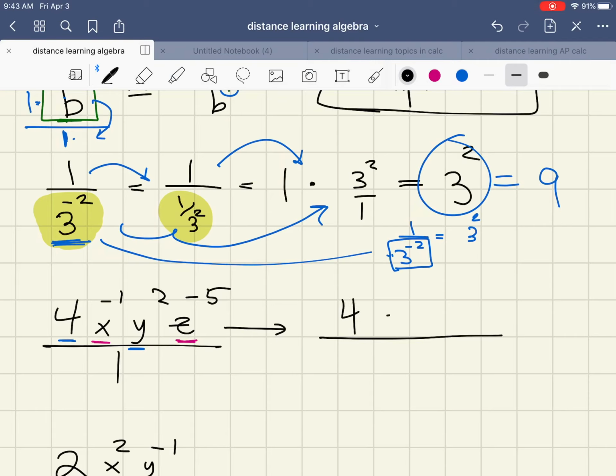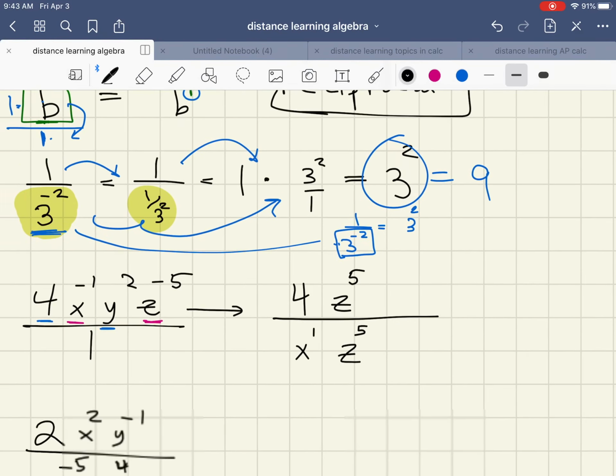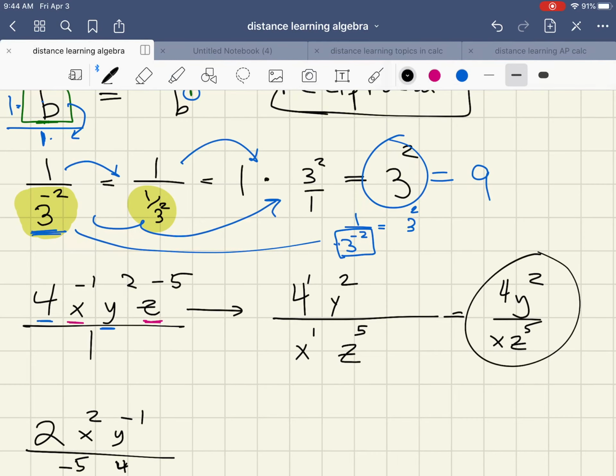Anything with a positive exponent stays exactly where it is. Anything with a negative exponent is going to move into the denominator, and those exponents are going to change into positive numbers. So the y squared stays in the top, the 4 stays in the top, because they have positive exponents. Now, you don't see the exponent for the 4, it's really just a 1, but it's still a positive 1. So we end up getting 4y squared over xz to the 5th.